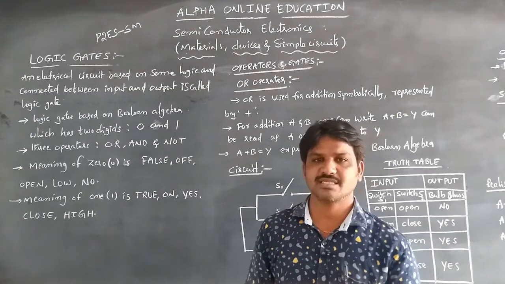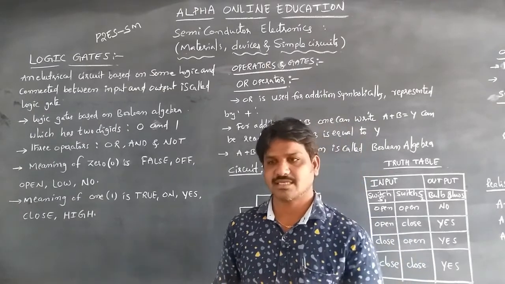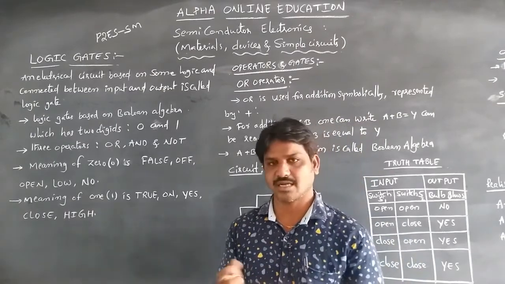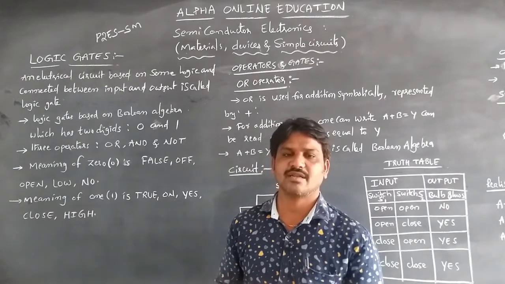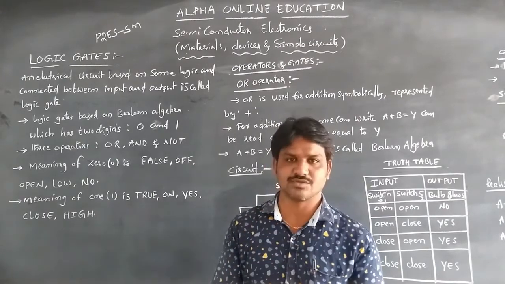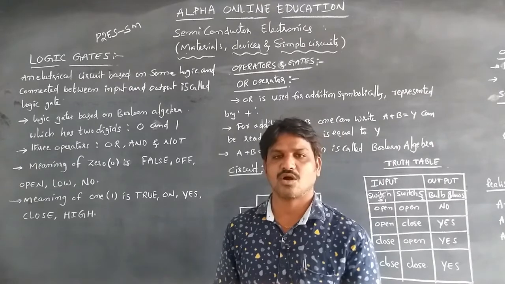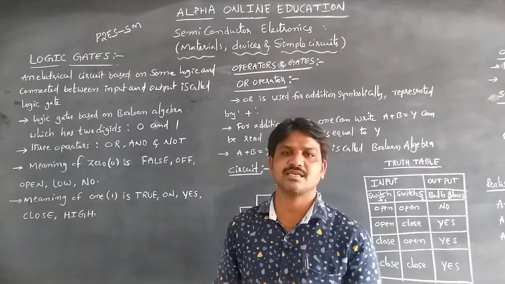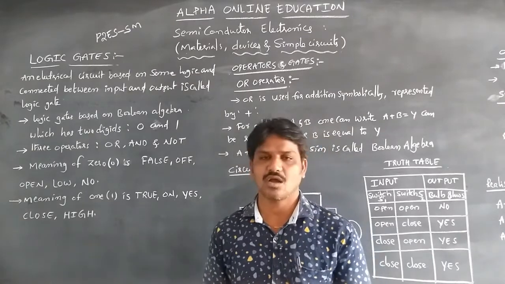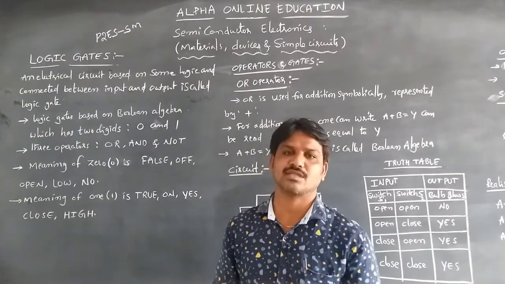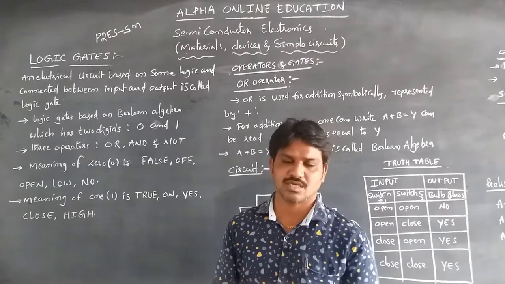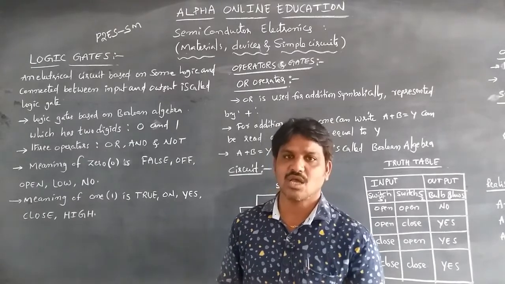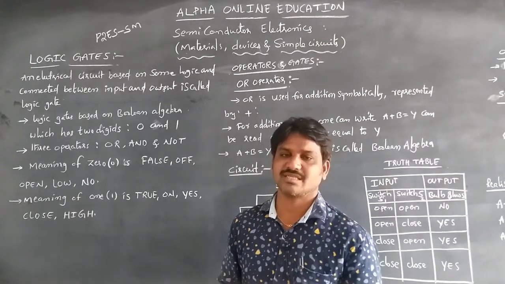What is meant by digital signals? A signal, either a voltage signal or a current signal, having two discrete values is called a digital signal.